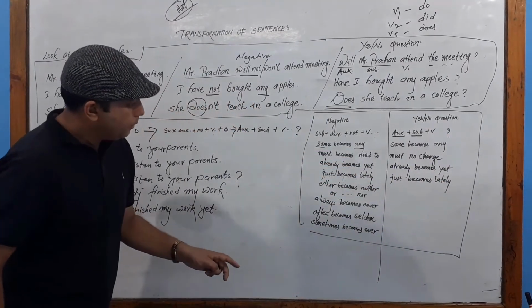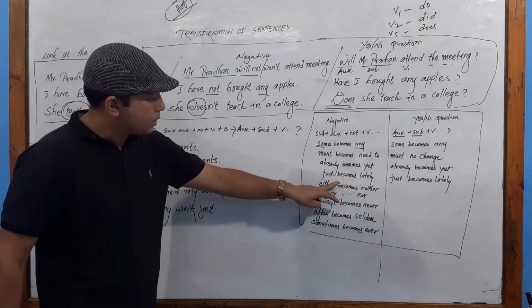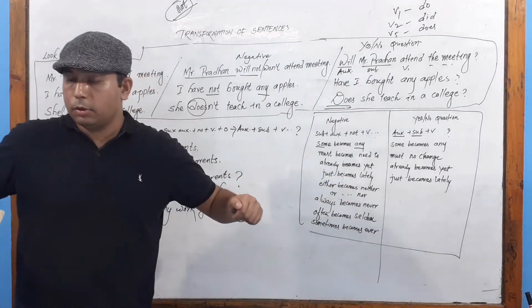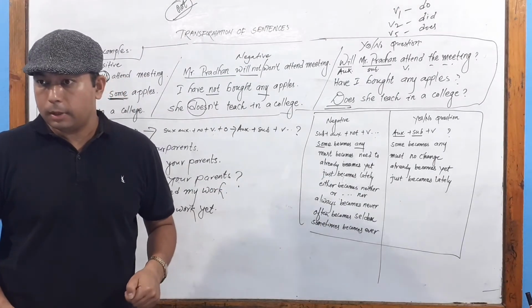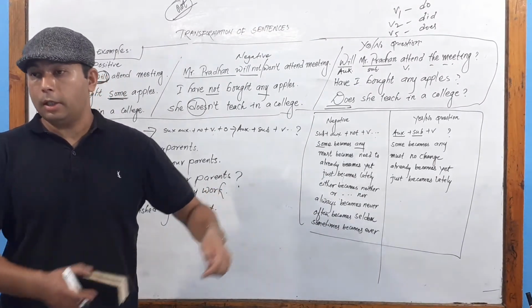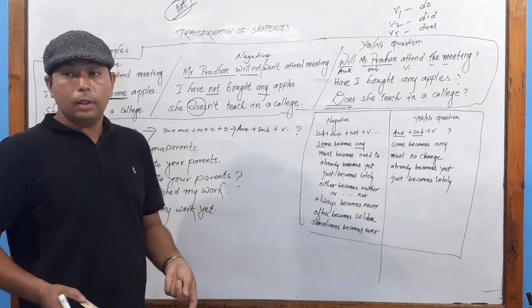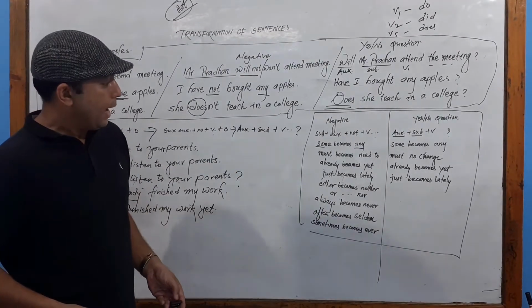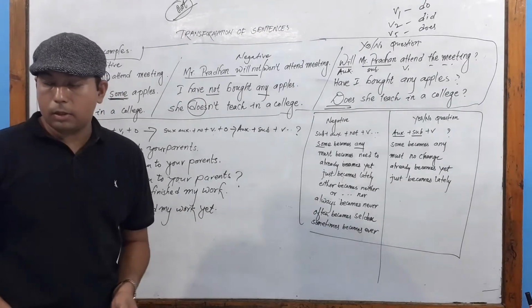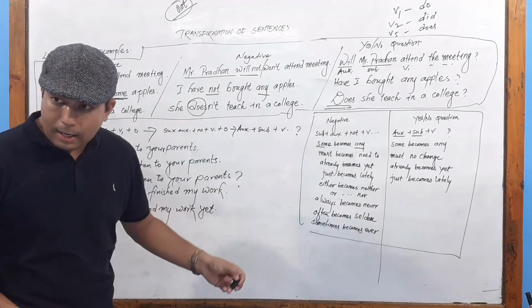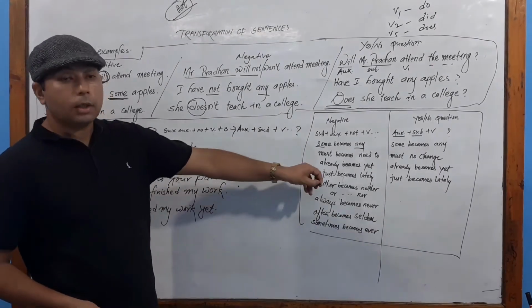Okay, then if there is 'just', then it becomes 'lately'. 'Just' means 'right now', and 'lately' means late. Negative is late, doing it right now versus doing it late is negative. For example, I have just finished my work becomes I have finished my work lately.